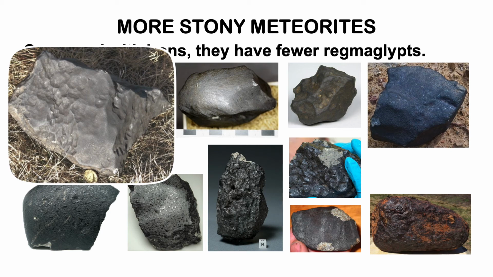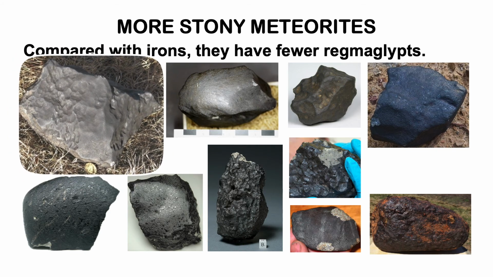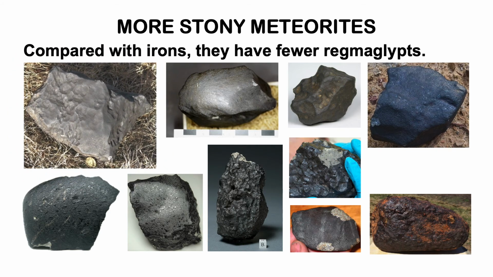It was the biggest piece found, 14 kilograms. And there's a toonie down there for scale. You can see part of it has nice regmaglypts, and part of it doesn't have any. And this is the way it is with the stones. The development of regmaglypts is very uneven.